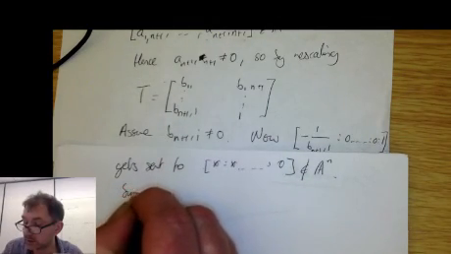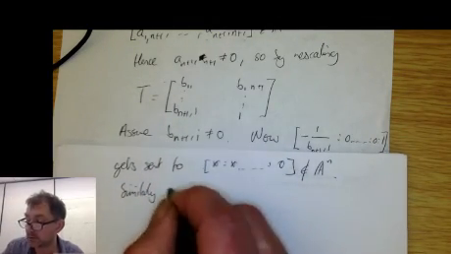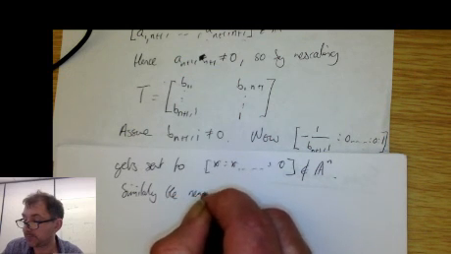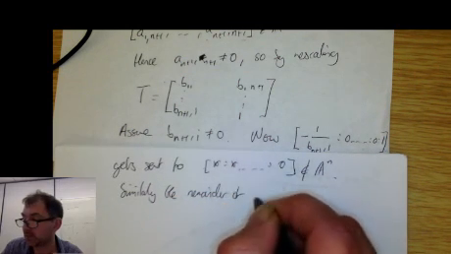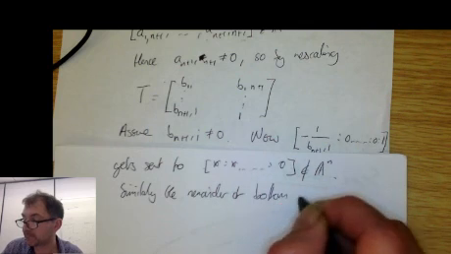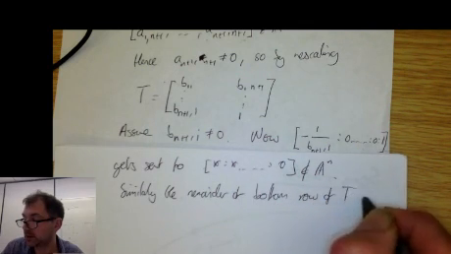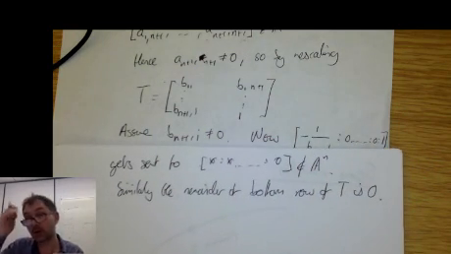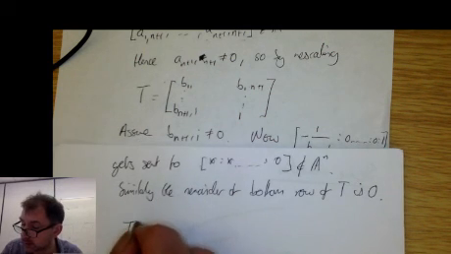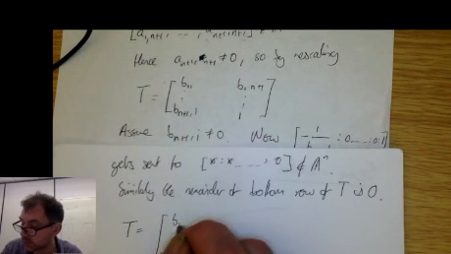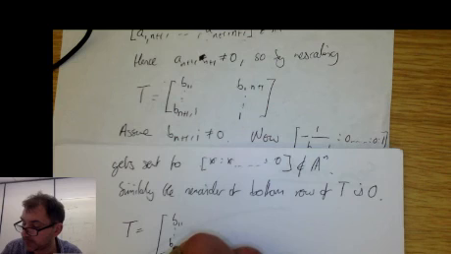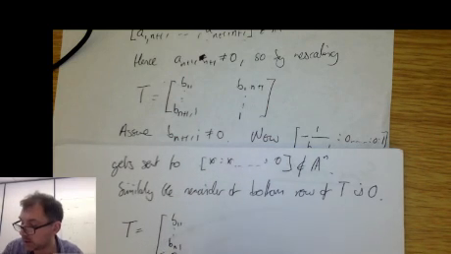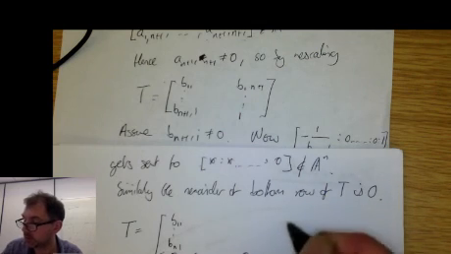So similarly, the remainder of the bottom row of t is 0. So we get that t is equal to b11 up to bn1, and then 0, 0, all up to 0, and then 1.